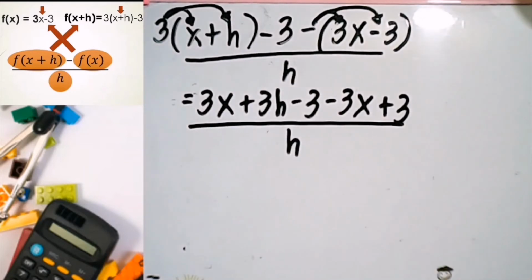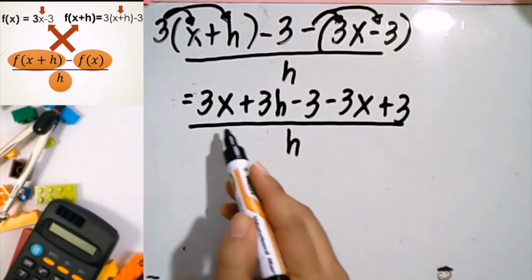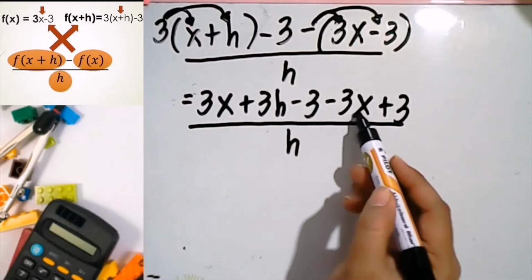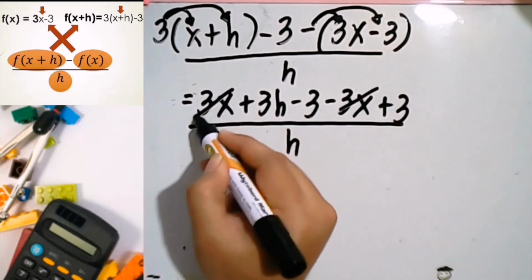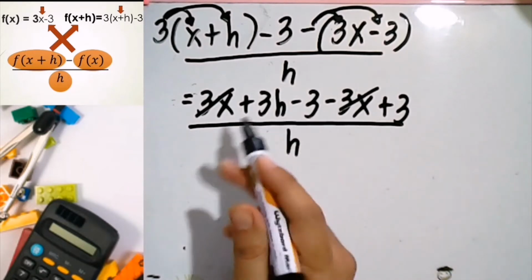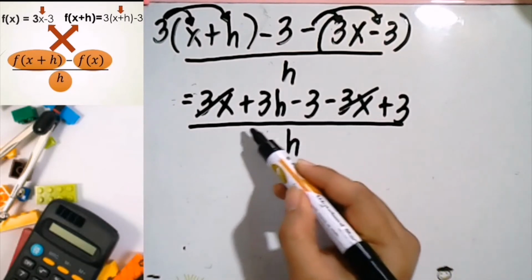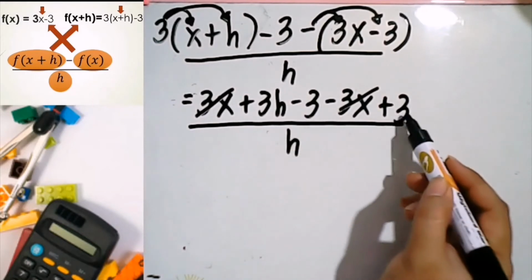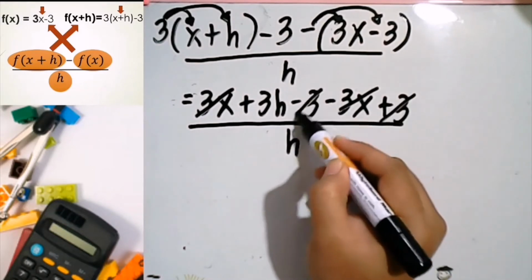Again, find the like terms. As we can see, we have the same terms, 3x, with different signs. So therefore, we cancel that out. 3h, there's no common term. And then negative 3 and positive 3, we cancel that out.